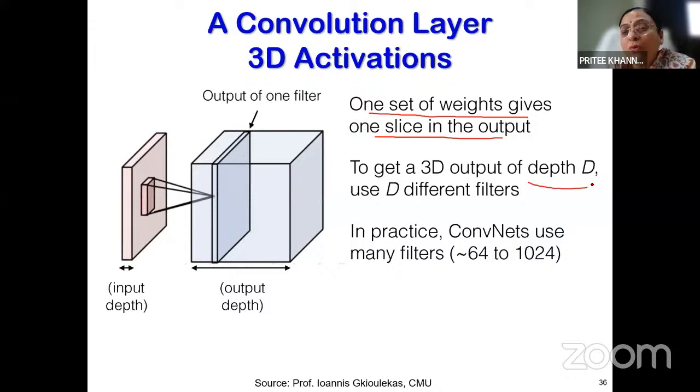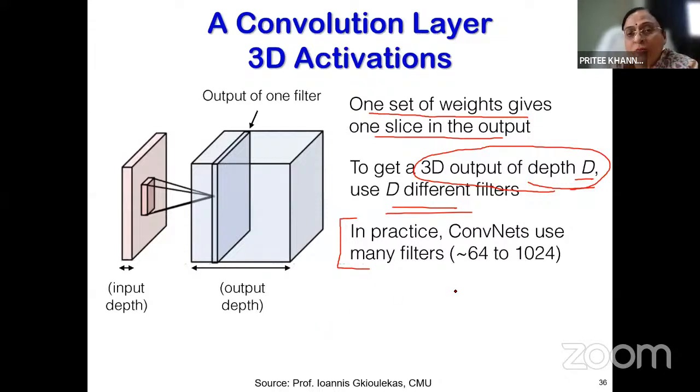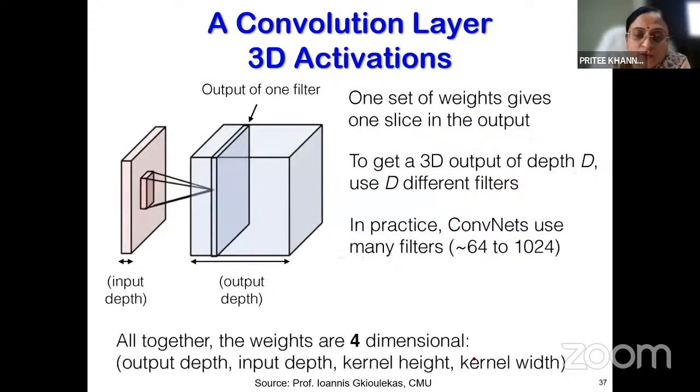Let us say we want this 3D output of depth D. It means we need to use D different filters. And as I told you, ConvNets, CNNs, use many filters, from 64 to 102, a large number.